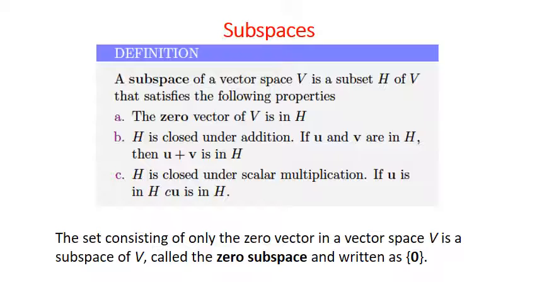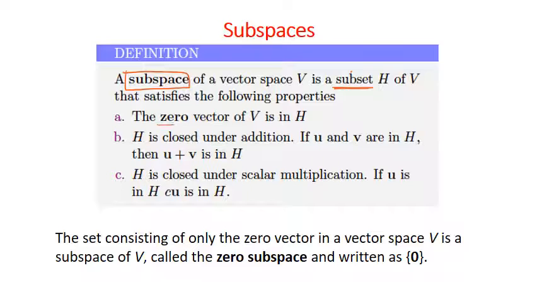So now we come to subspaces, and here's the definition of a subspace. A subspace of a vector space V is a subset H of V. So I want to remind you of a subset. So the subset H is basically going to be a subset of vectors in this case. The following properties are going to be satisfied.